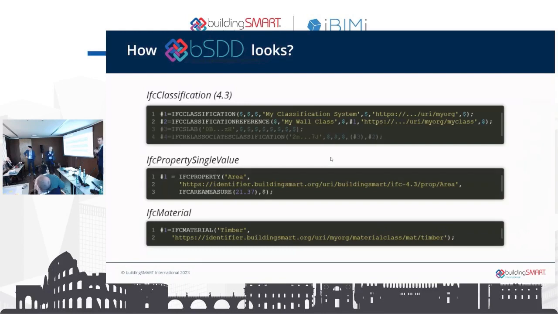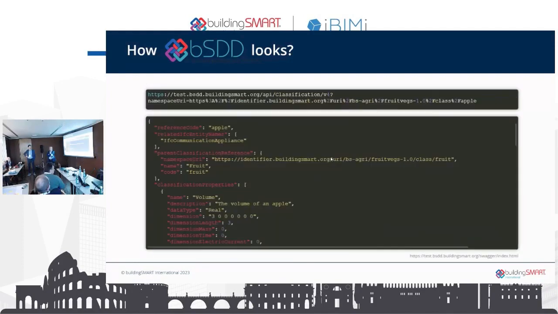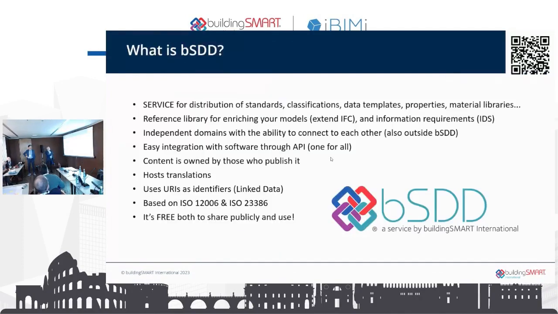Does buildingSMART recommend some kind of standards? So bSDD is, I will show the previous slide. bSDD is based on two ISO standards, actually three, and it's just one implementation of those standards. There are others, and we try to support the concepts from those two standards, ISO 12006 and ISO 23386 on data dictionaries.